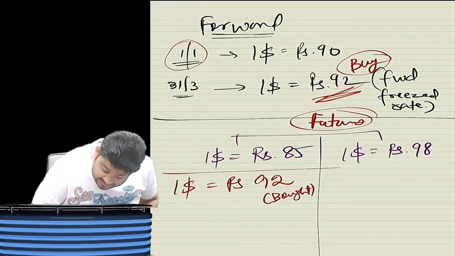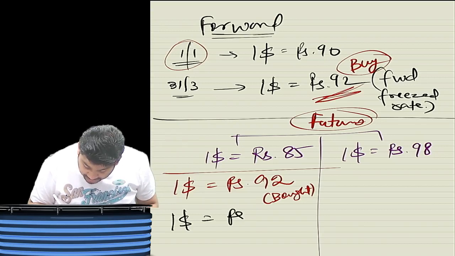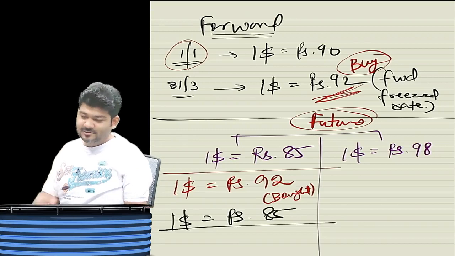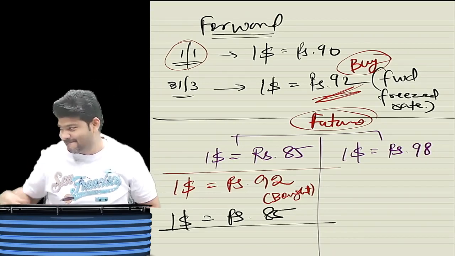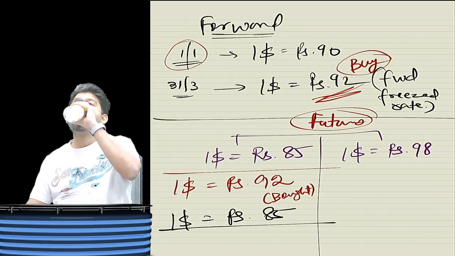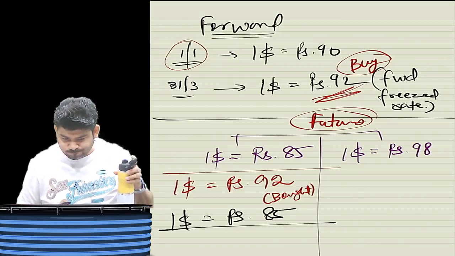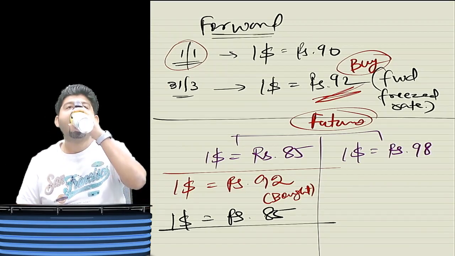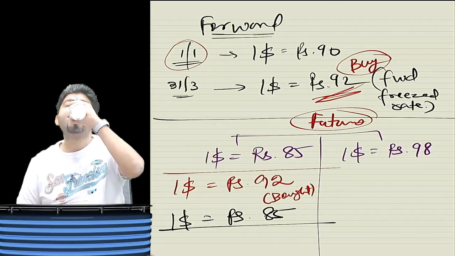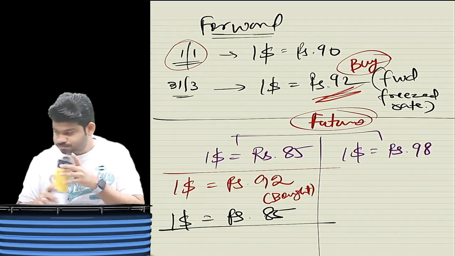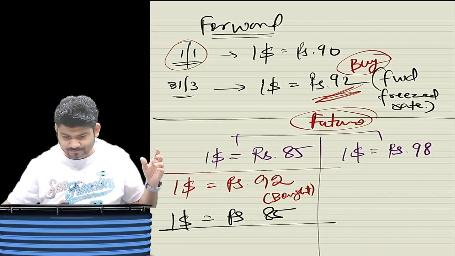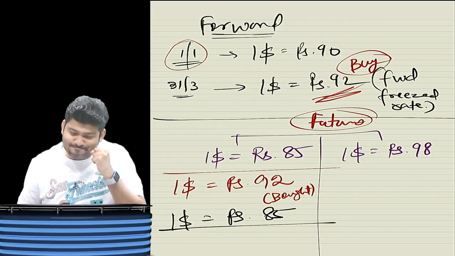Now, you bought it at 92, and the market has now gone down to rupees 85. Tell me, good news for you or bad news for you? Think and tell. I'm not in a hurry. It's bad news.